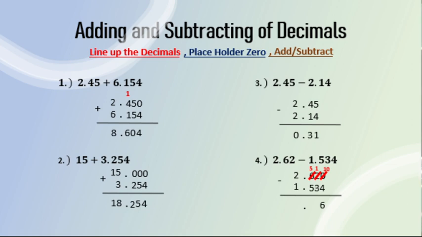It will become 11 hundredths. Now, we can subtract. 11 minus 3 is 8. 5 minus 5 is 0. And 2 minus 1 is 1. Therefore, our answer is 1 and 86 thousandths.